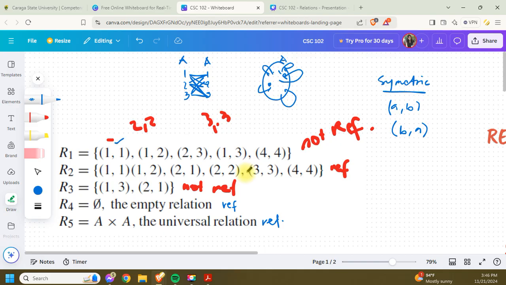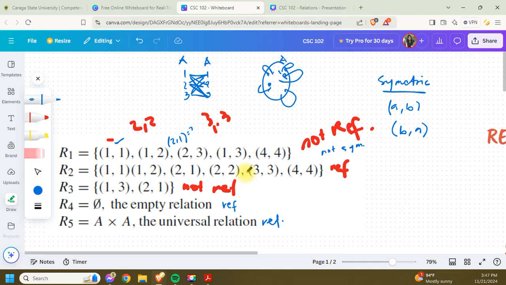There exists a 1,2, so there should be a 2,1. However, 2,1 is not there. There is no 2,1 here. So we can say that this R1 is not symmetric.